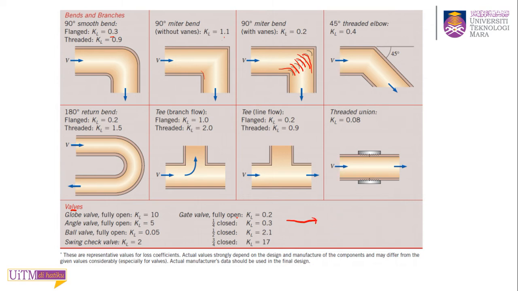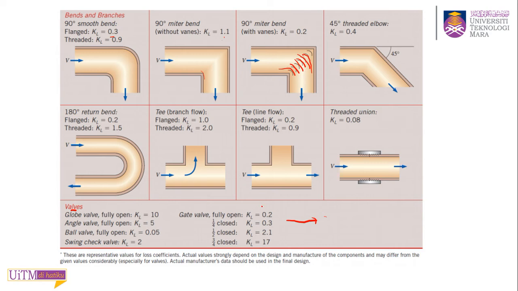Okay, and those losses will depend on how much your valve is closed. Okay, if closed fully, that means no flow can pass the valve. But if you have it quarter closed, meaning you open it a little, you have loss coefficient 0.2. If you close half, meaning more is blocked, you have a lot of losses.